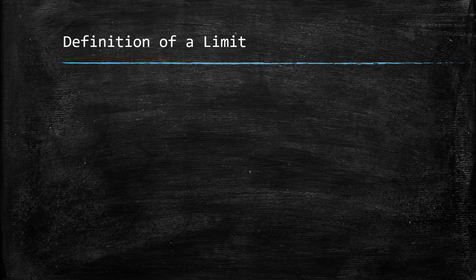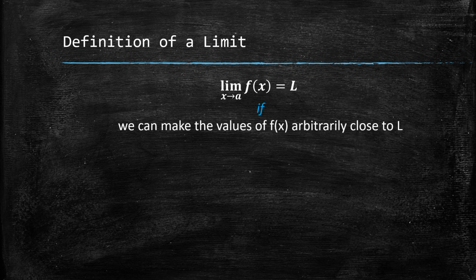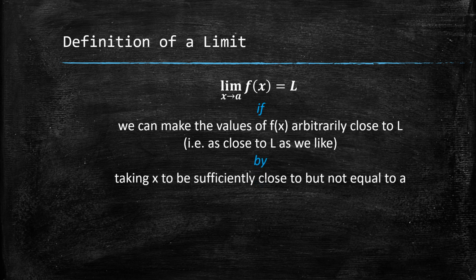So this brings us to a semi-formal definition of a limit. There are more formal ones that involve deltas and epsilons, but we don't need to do that for this course. So we say that the limit of f of x as x goes to a is equal to L. It exists and it's equal to L if we can make the values of f of x arbitrarily close to L, i.e. as close to L as we like, by controlling the values of x.